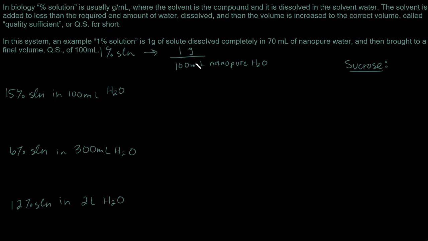Now you don't go all the way up to 100 mils because if you're dissolving something, it will displace some of the water, and this displacement factor will change a little bit as it is dissolving.